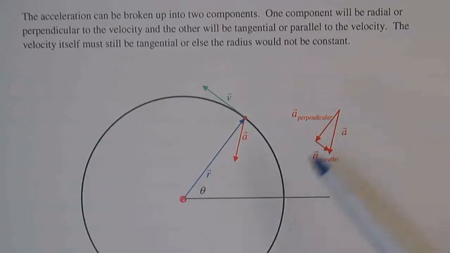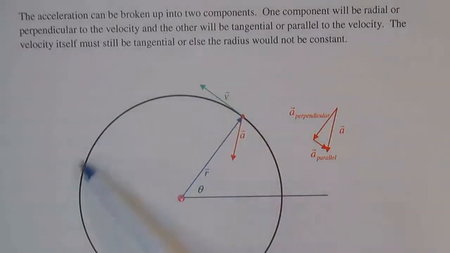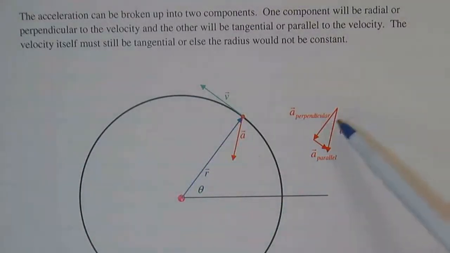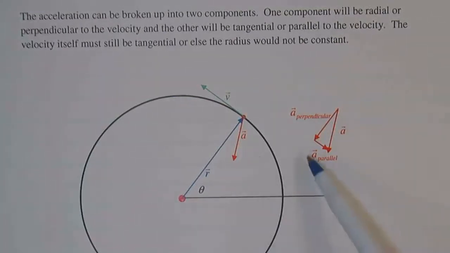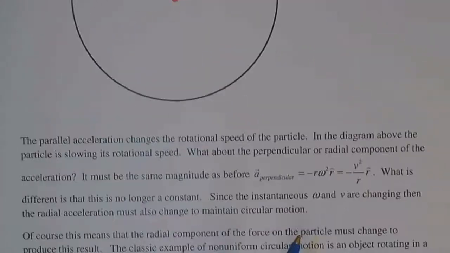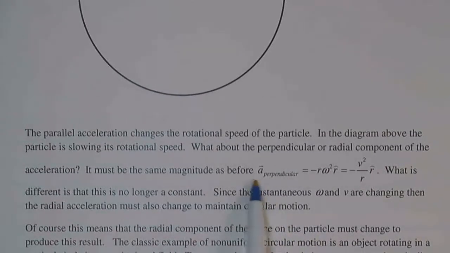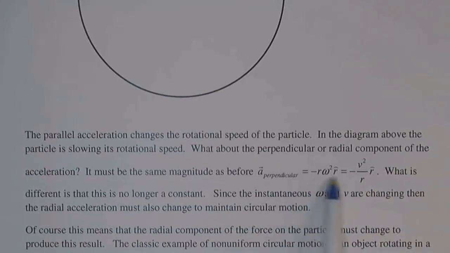The velocity still has to move along this circular arc, which means that it still has to have a perpendicular component to make it move in a circle. But now it has this parallel component that's going to change its magnitude and thus change the speed. In fact, the perpendicular component, which I'll show you later, still must have the exact magnitude that it had before.